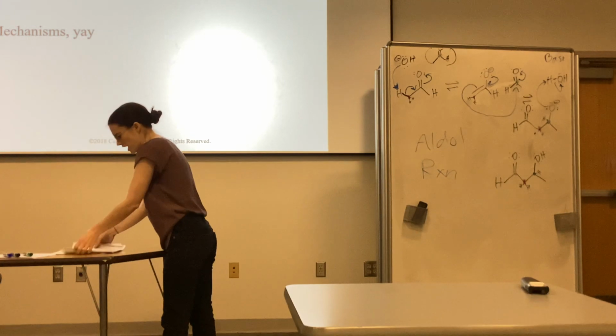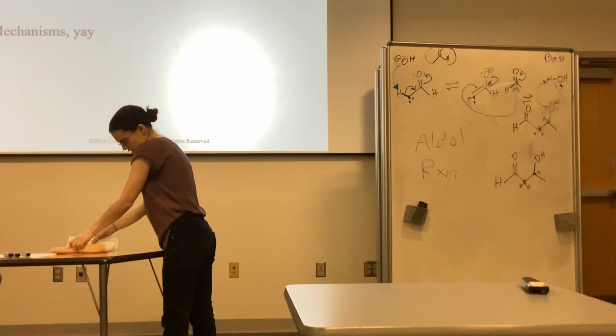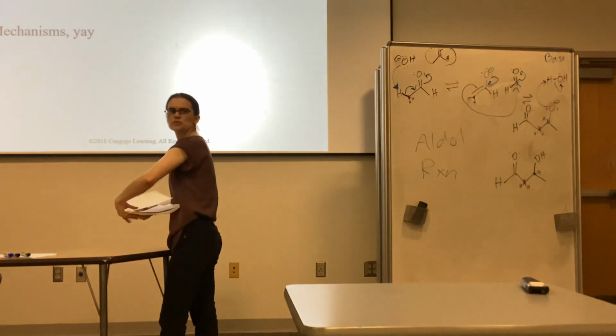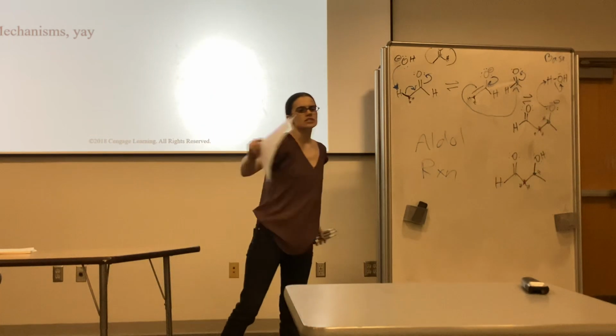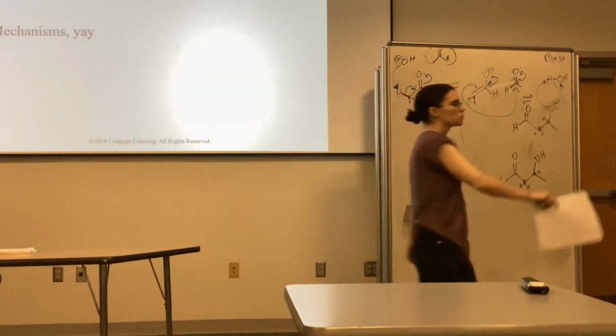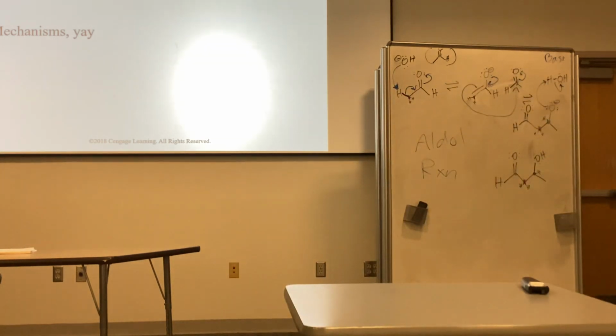So you can try it using your base catalyzed mechanism that we just did. You can try to do an acid catalyzed version referring to this one, and then you can check yourself with the post-lecture slides that you'll get. So I have that in there.